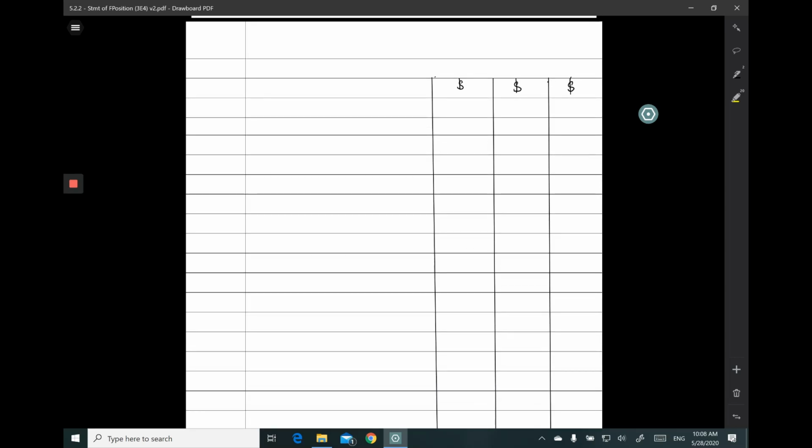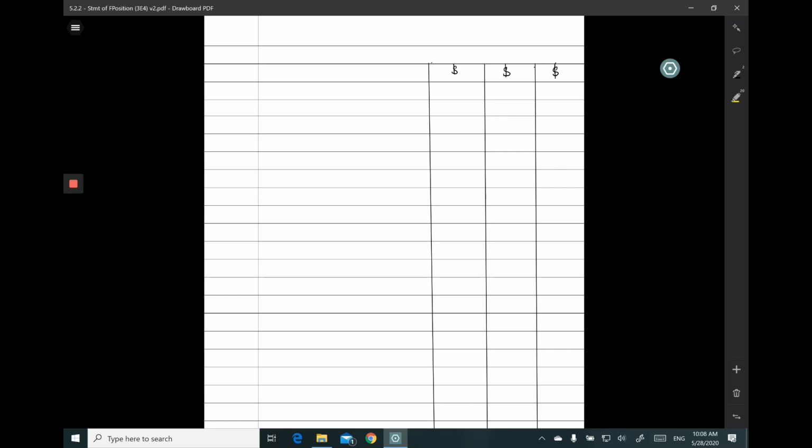So what I have on the screen right now is a foolscap paper. It's a piece of foolscap paper for me to show you how it actually looks when you have to prepare this on your foolscap paper. Okay, so I'm going to start off by writing down the title. Now, in any statement, if you have to write a title, you need to start with a business name before that.